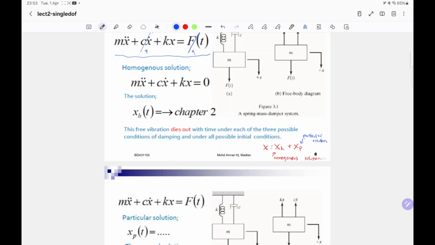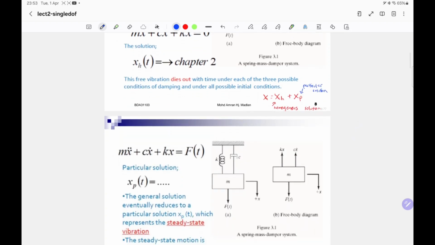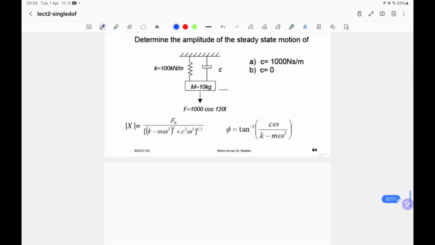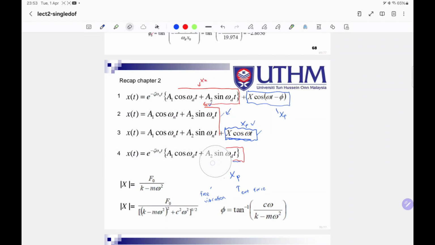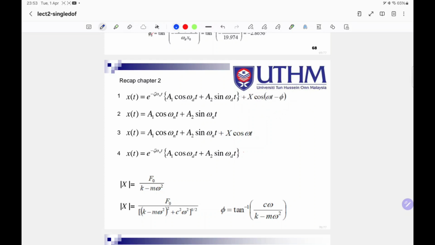If you still remember, in our previous lecture we also looked at 4 types of response for each case. Here we have the solution or the response for free undamped vibration, and this is for forced undamped vibration.